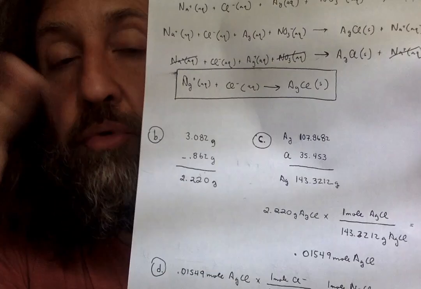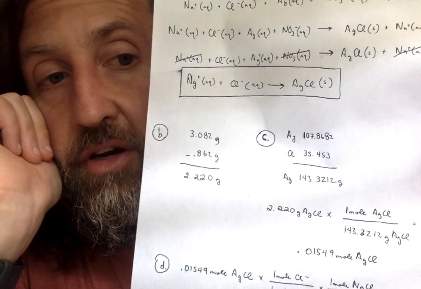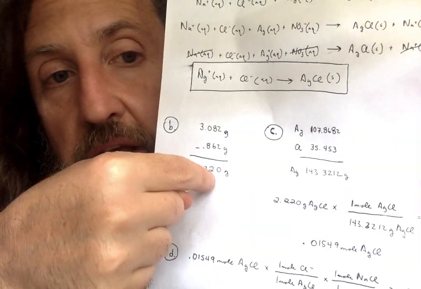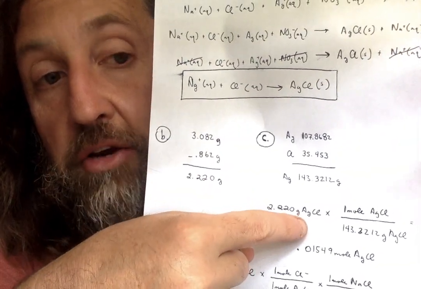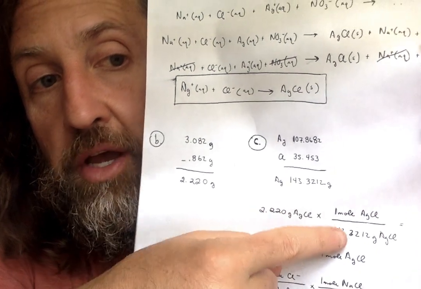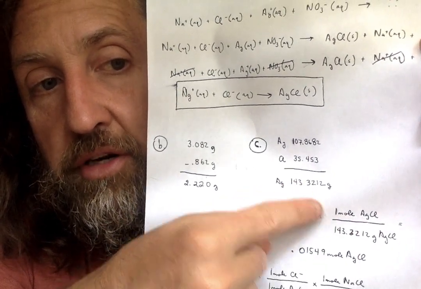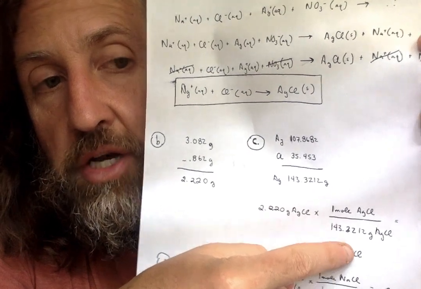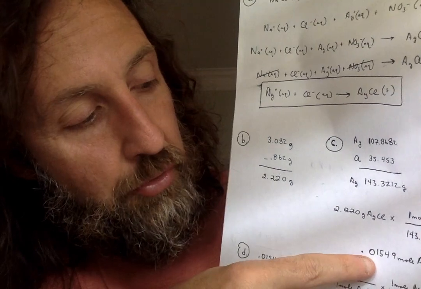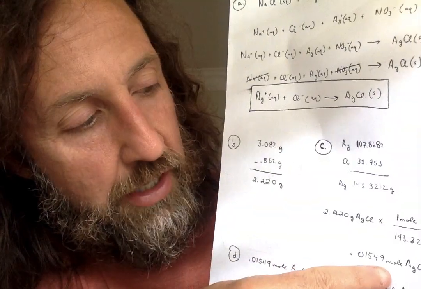I'm going to take my answer from here, because this is my grams of silver chloride, and switch it: 1 mole of silver chloride, that we've determined here is that 143 number, and that's going to get me 0.01549 moles of silver chloride.